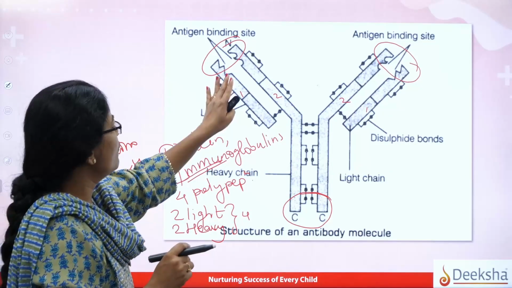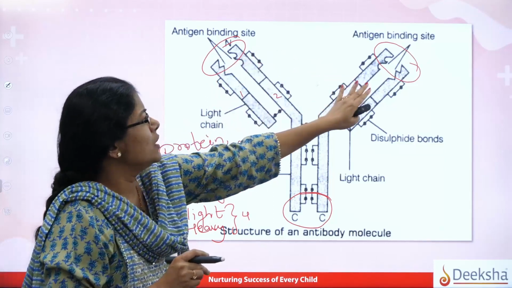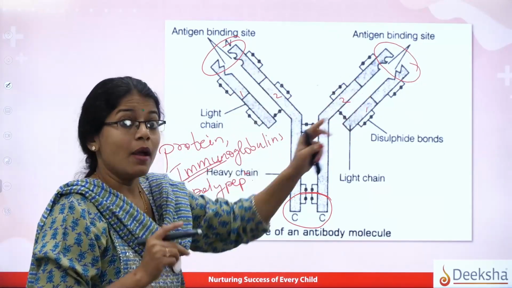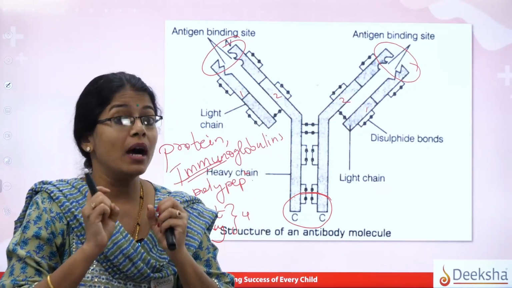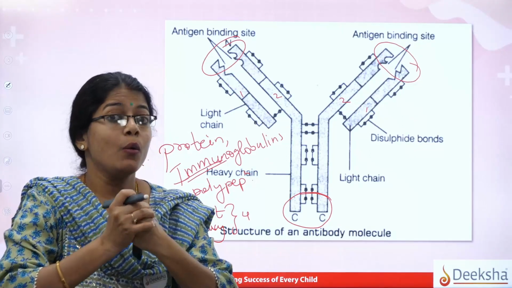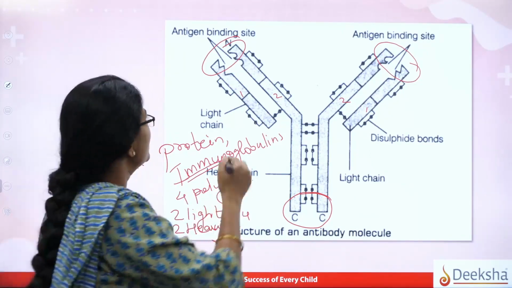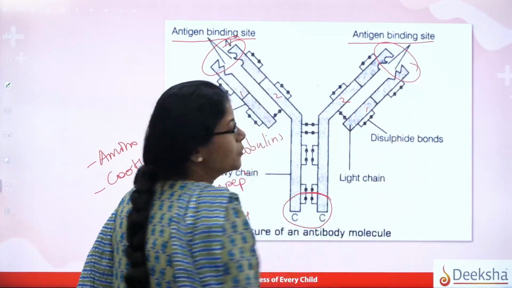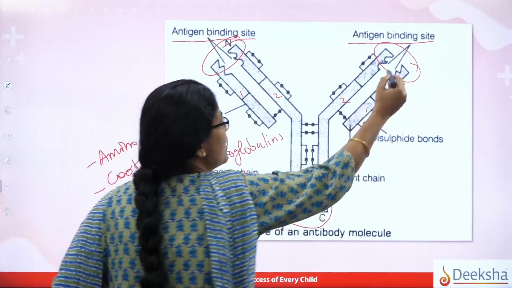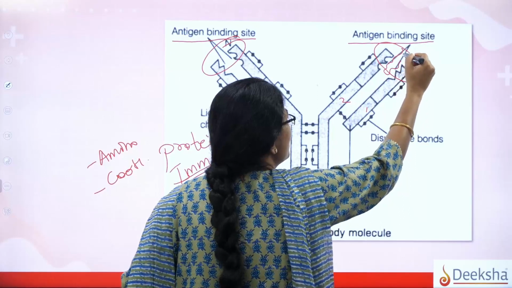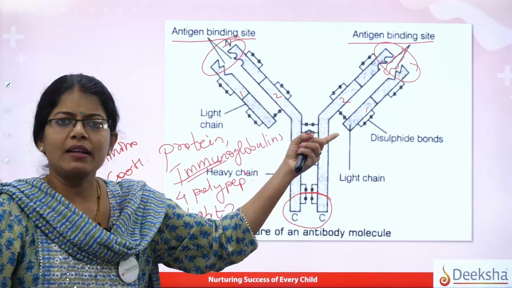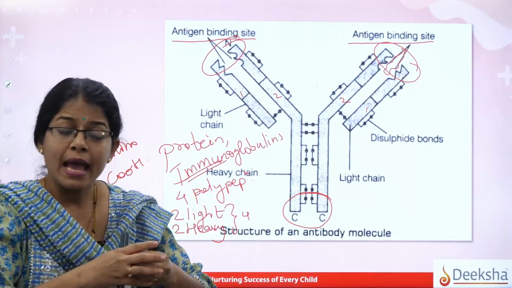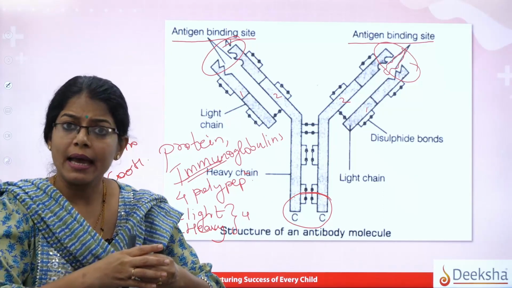So similarly, you will find that the amino terminus will be present at this end, which is supposed to be binding or attaching with the antigen. That's why it is called the antigen binding site. So you can imagine if there is an antigen of this specific shape, it will bind in this way. That is how it is going to form a complex, and then later it will destroy the antigen.